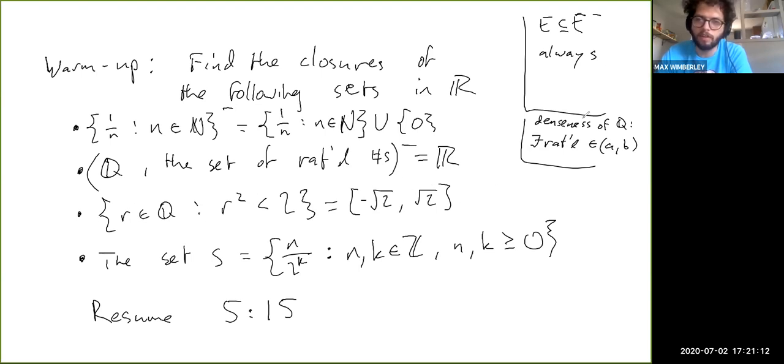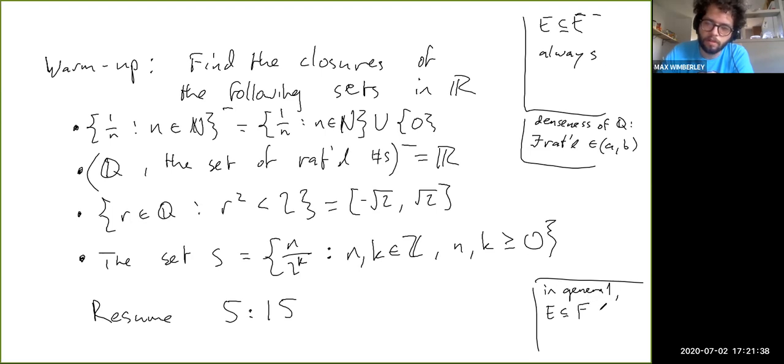And in fact, it's funny. So the term denseness, another aside here: in general, a subset E is dense in F if the closure of E equals F. Roughly speaking, this is actually not quite how the term is normally used.